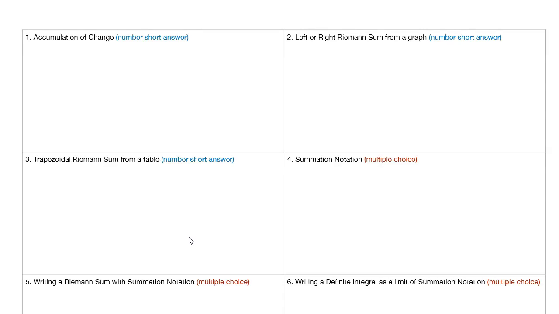The first thing on accumulation of change is most people forget what this topic even is. The accumulation of change question of the test will be a graph of some sort, whatever it looks like.